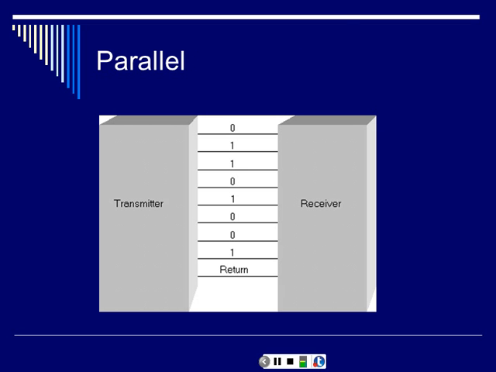So this is a parallel transmission. It has a return line, and then it can transmit 8 bits. That return line, the transmitter says, okay, I'm ready to send, and it waits. Then the receiver says, okay, I'm ready to receive.